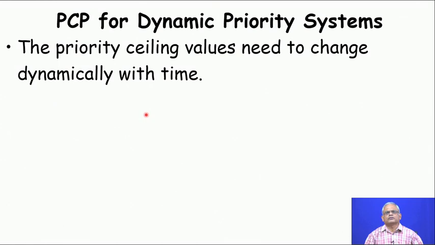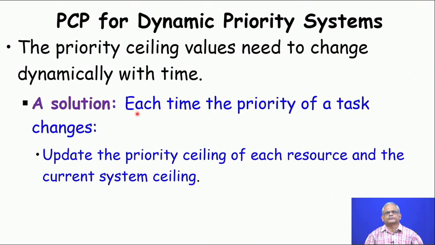Depending on how close they are to the deadline, the priority keeps increasing. But if you look at the protocols that we considered for resource sharing, we assign ceiling priority based on the priorities of the tasks that use that resource, and if the priorities of the tasks keep on changing, then we have to keep on recomputing the ceiling priorities.